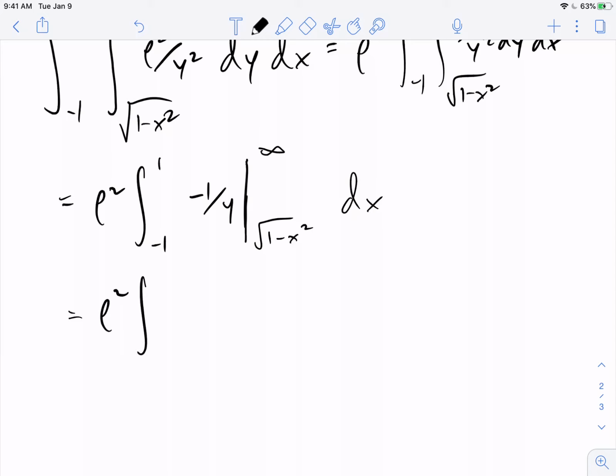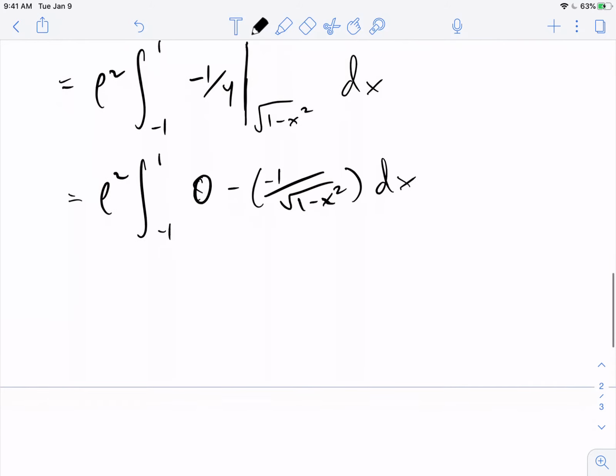So I get rho squared, negative 1 to 1. The infinite part gives me 0 minus negative 1 over, and then I evaluate here, so the square root of 1 minus x squared dx. Okay, so I'll write this a little more cleanly. It's just 1 over the square root of 1 minus x squared dx.